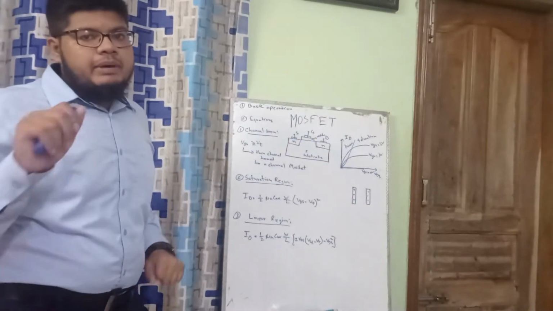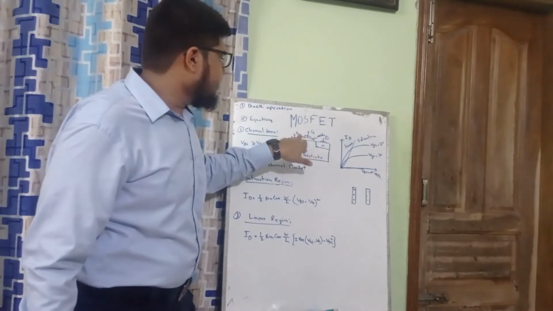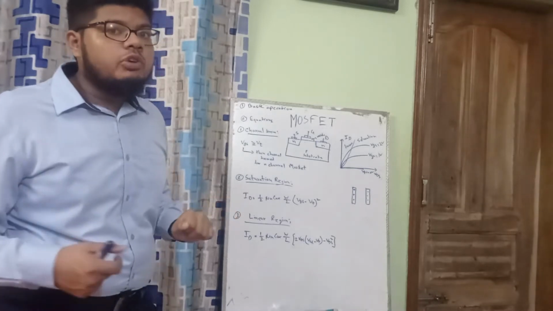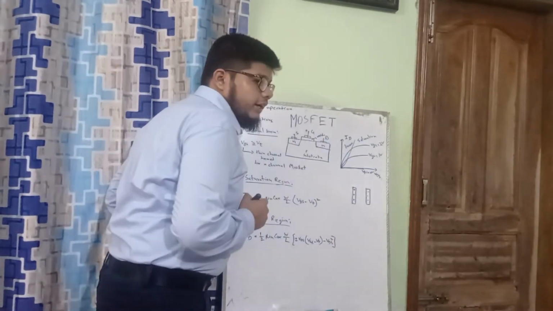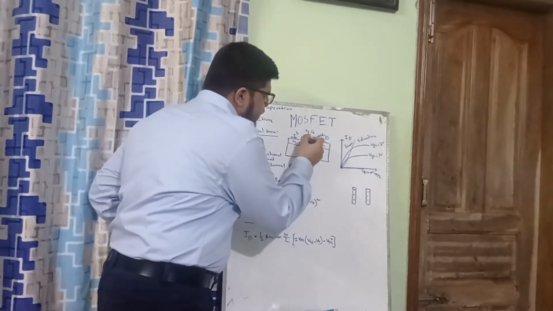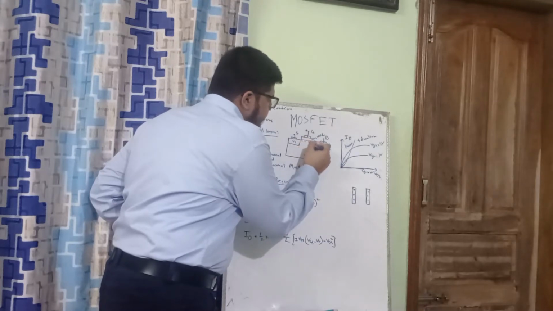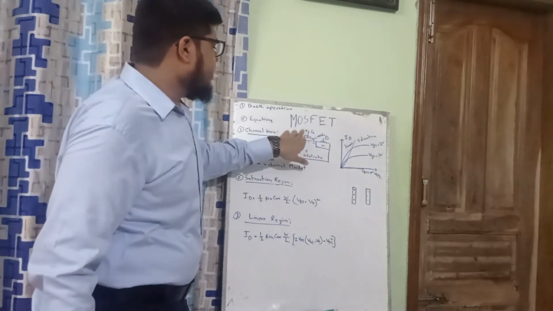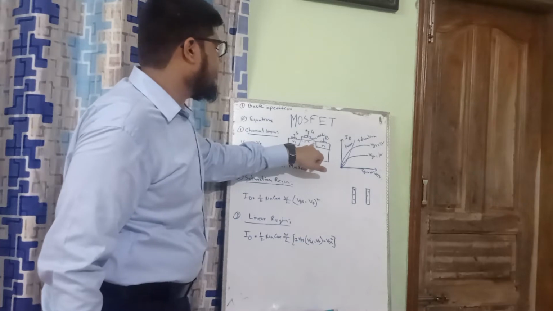But if you apply a gate to source voltage, like a positive voltage at the gate terminal, then due to this MOS capacitor action, you will get a negative charge here.